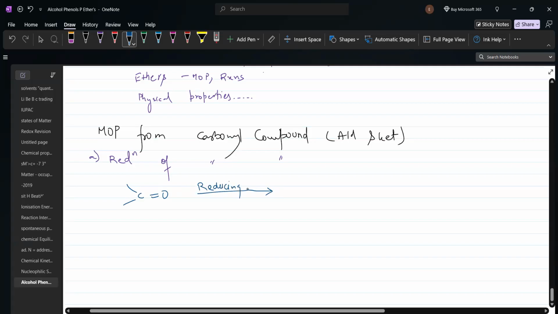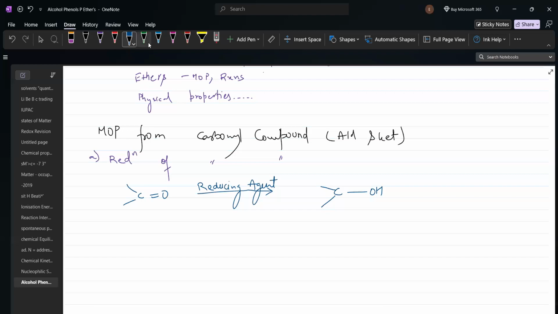The reducing agent will reduce this carbonyl compound, and what we get here is alcohol. One of the ways to reduce any compound is by adding hydrogen.